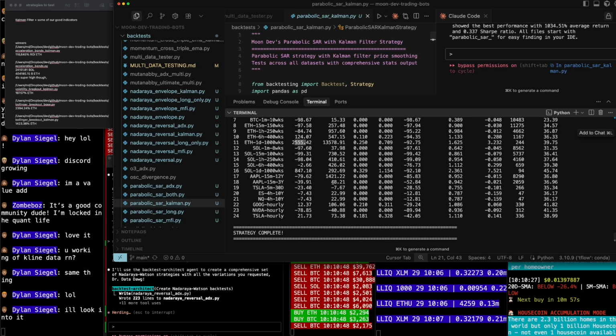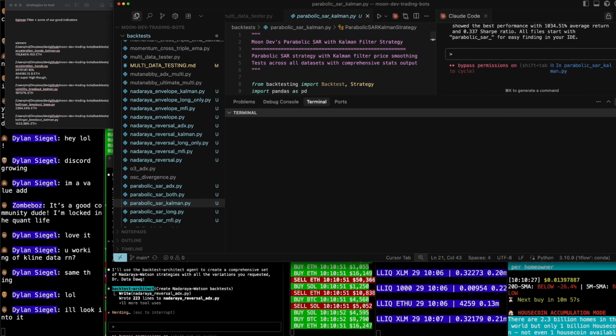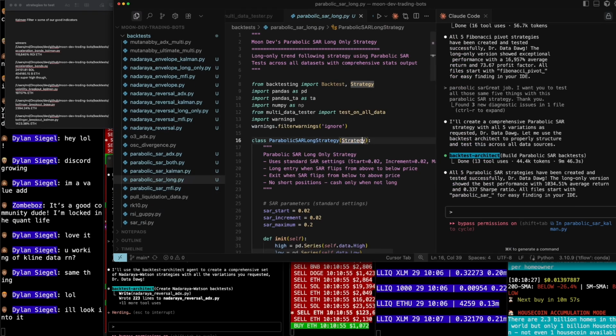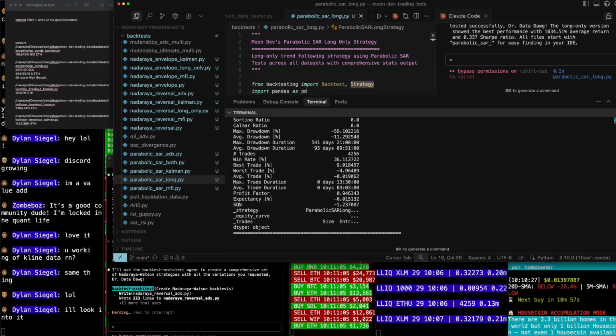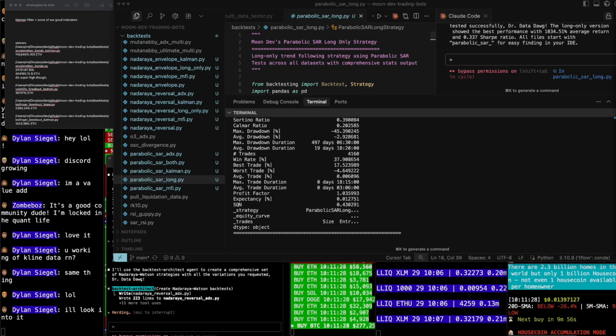The 2255 deal, okay. Parabolic SAR long only. Should be interesting.